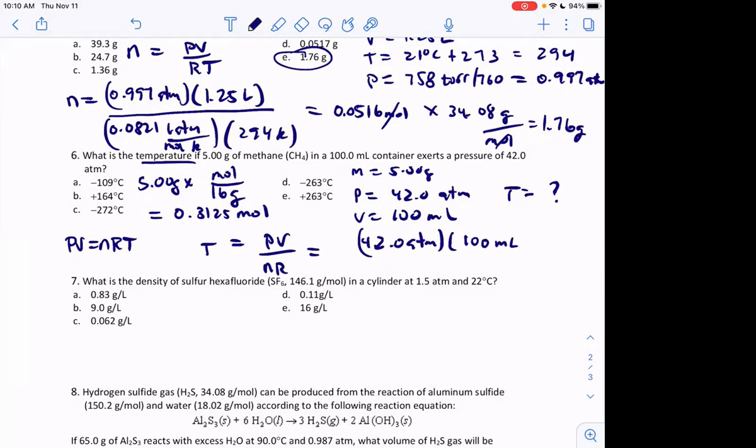I saw a couple of people shaking their heads. Liters, n, we just calculated that. And R. Never silenced my phone, sorry. And then what do we get for 6?